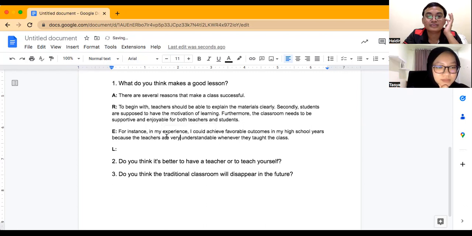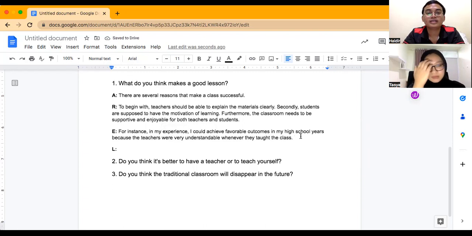Kalau aku lebih suka bisa lebih detail dikit, for instance, based on my experience I could achieve favorable outcomes in my high school journey by obtaining my target grades in my final exam, and it made me pass the university I envisioned.